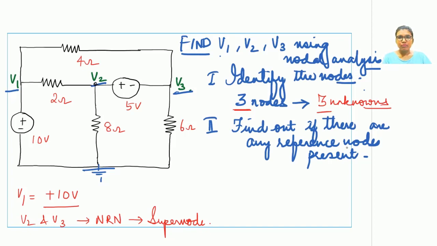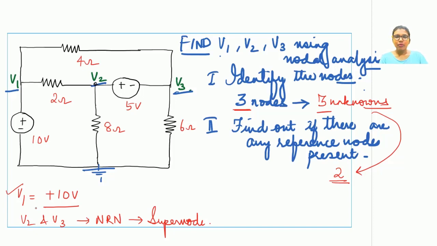In that case, the number of unknowns gets reduced by the number of reference nodes present in the circuit. For example, in this case, currently the number of unknowns is 2 and not 3. It's because we have already obtained the value of V1. Now our objective is to find out the value of V2 and V3.